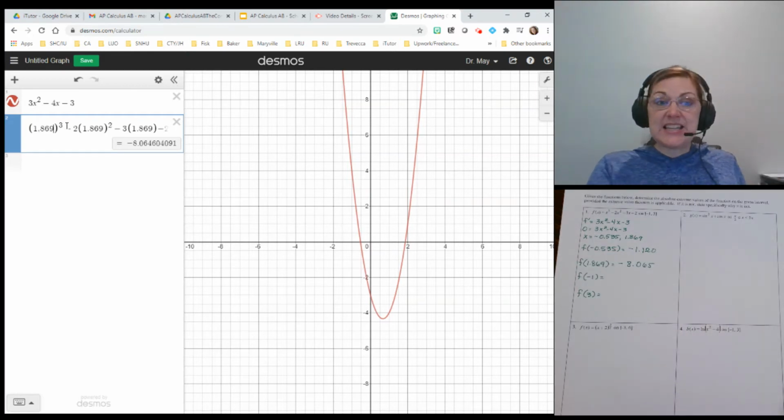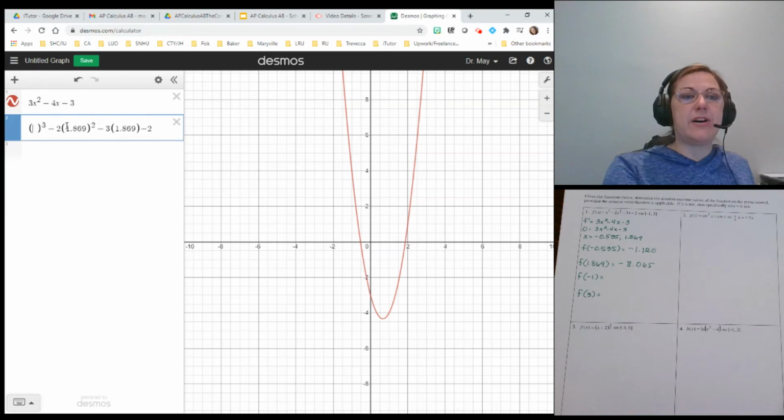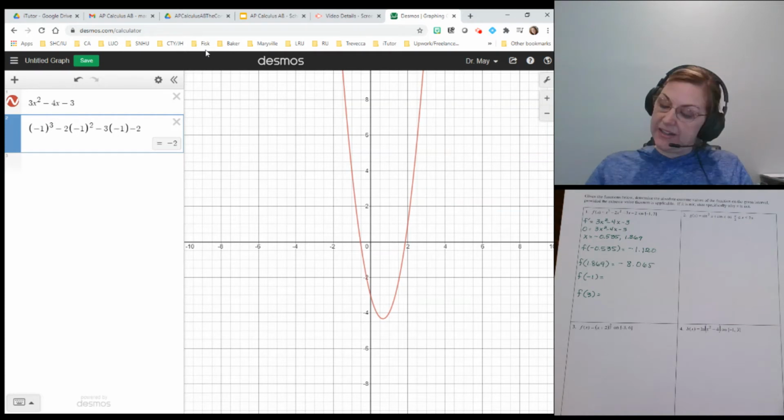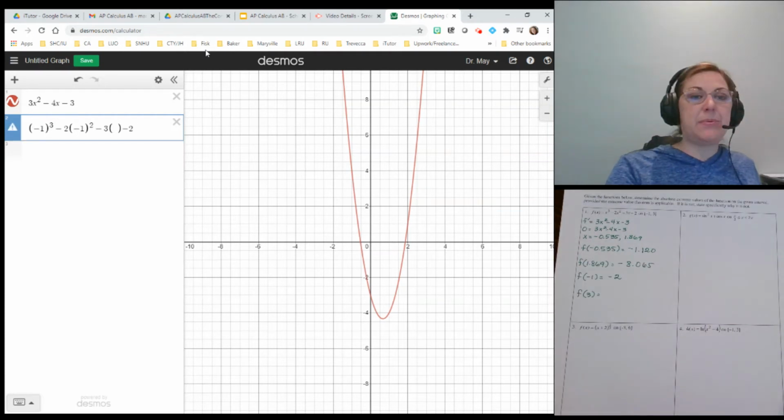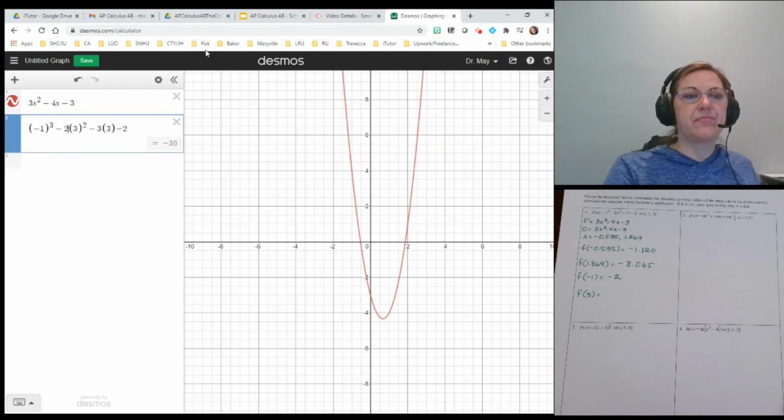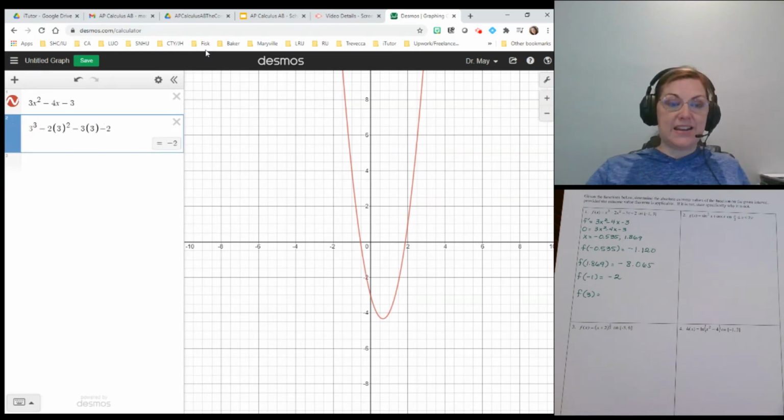Now same thing then to put in negative 1. One thing I love about Desmos is I can just change it up a little bit. And I get negative 2. And last one here, friends, I'm going to put in 3. And I get negative 2 also.